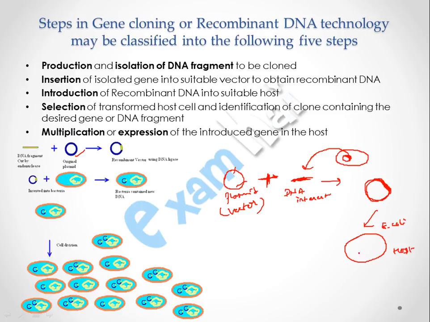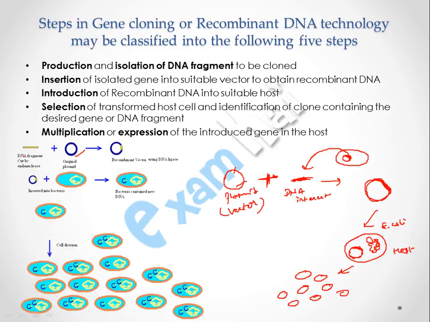This is the host inside which the recombinant DNA is inserted, and it also has its own chromosome. After which this E. coli will start replicating this gene or this DNA of the plasmid, and they will develop many progenies.